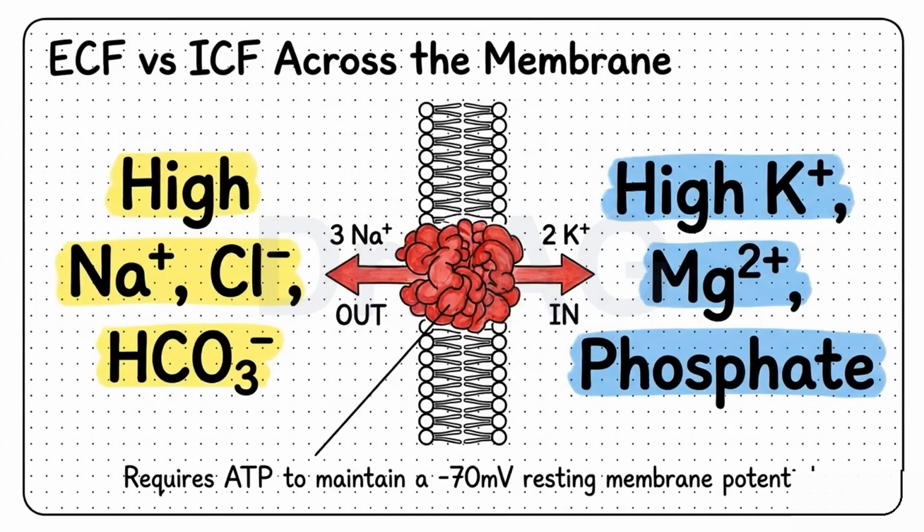So across the cell membrane there's a sharp difference. Outside, high sodium, chloride, and bicarbonate. Inside, high potassium, magnesium, and phosphate. The sodium-potassium pump uses ATP to maintain this, and it sets the resting membrane potential.